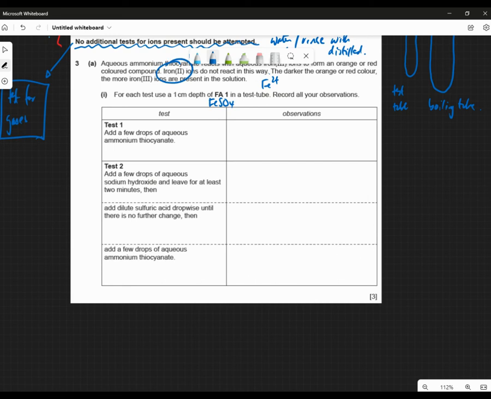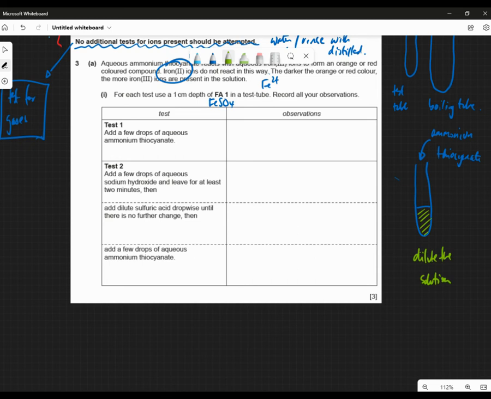So if you've got the iron 2 sulfate in a test tube and you add the colourless solution of ammonium thiocyanate, it's not going to do anything, basically. What it will do, if this has any colour to start with, is just dilute the solution. That's all it will do.